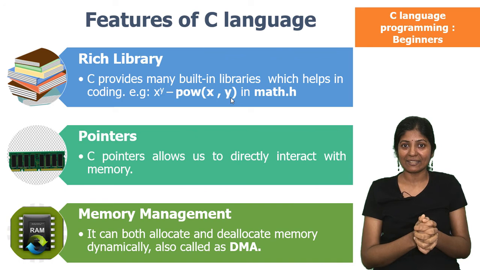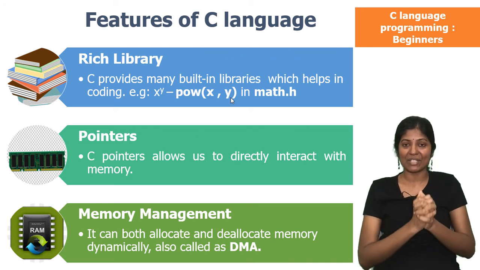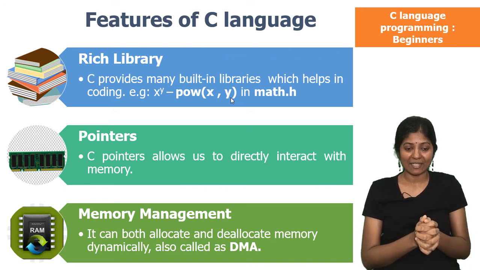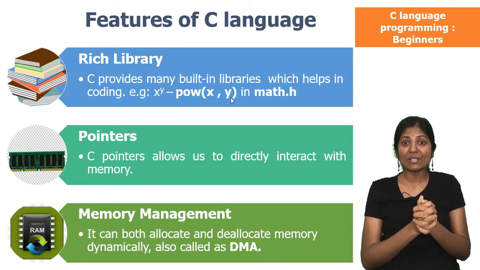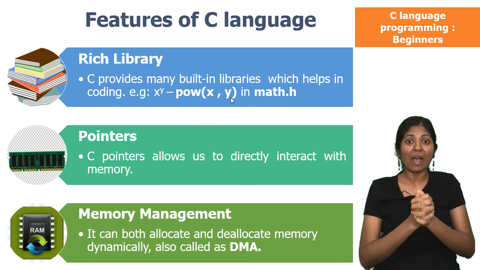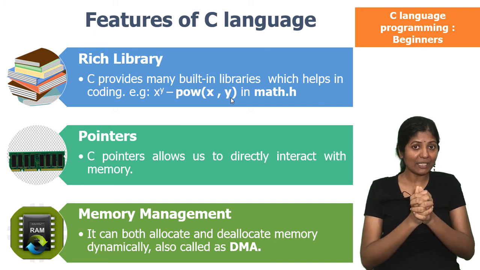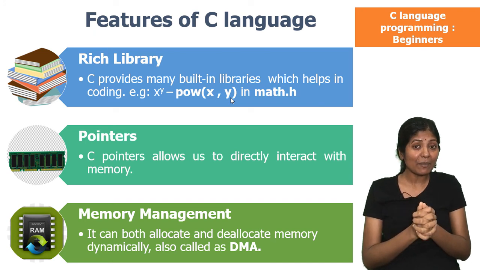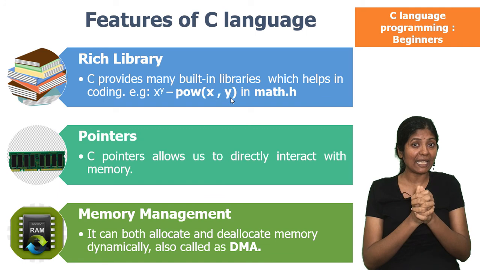To do that, we can use this feature, which is memory management. It is also called dynamic memory allocation. The short form is DMA. It means how much memory you want while executing the program, that much memory only you will allocate.